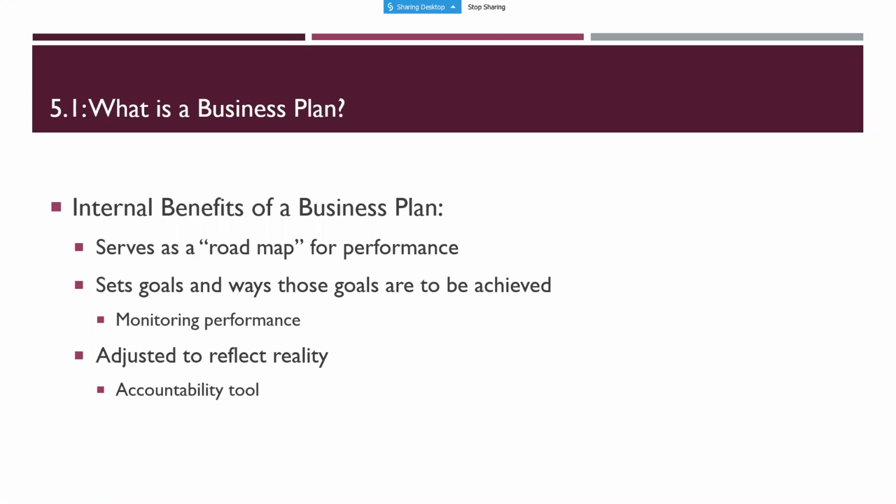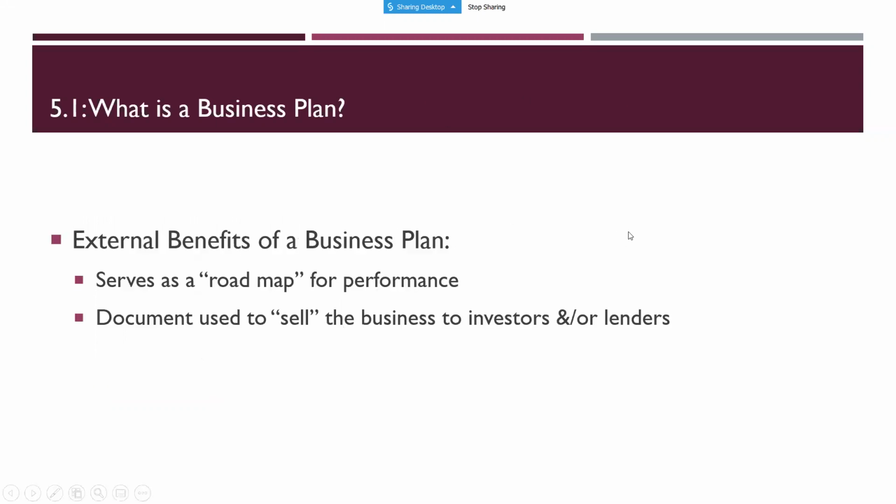So that business plan isn't, we say it's not a static document, is what the textbook says. It is basically a living, breathing document that gets changed frequently. It should at least be revisited once a year. Okay.